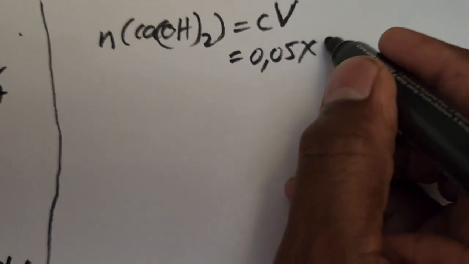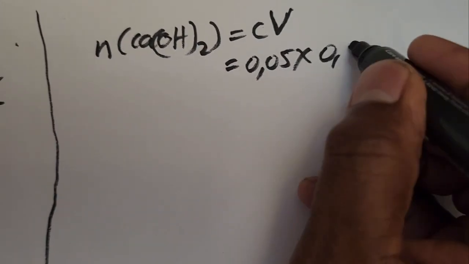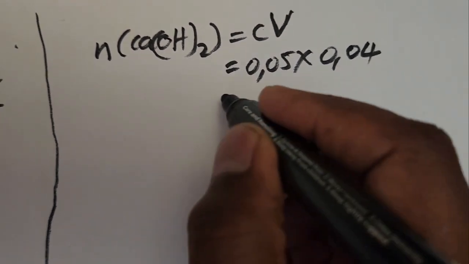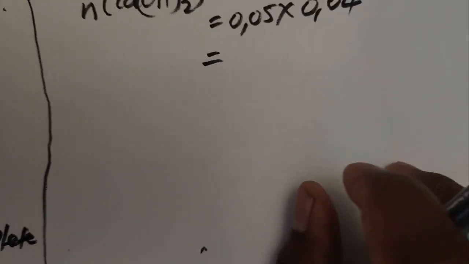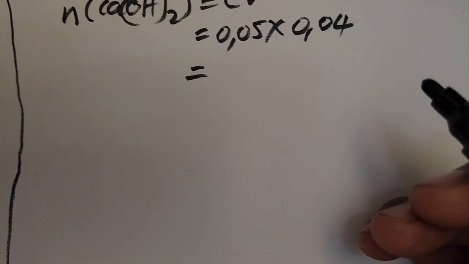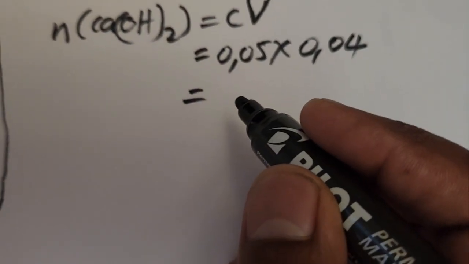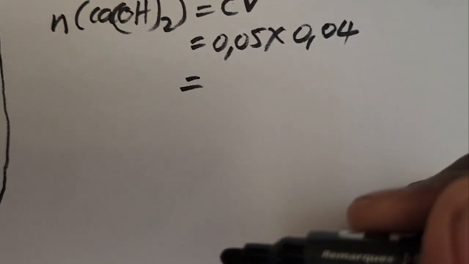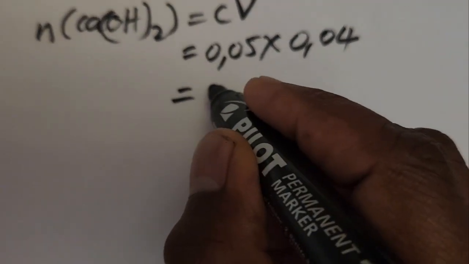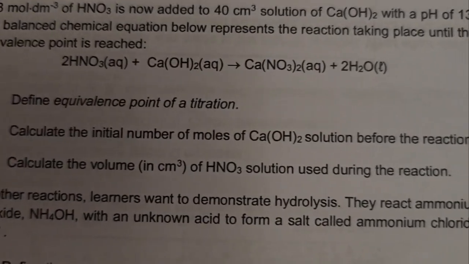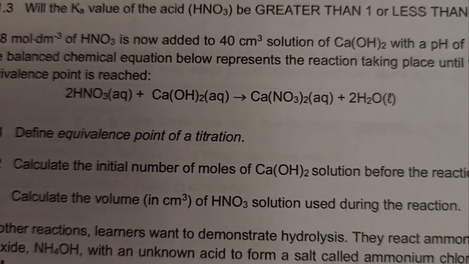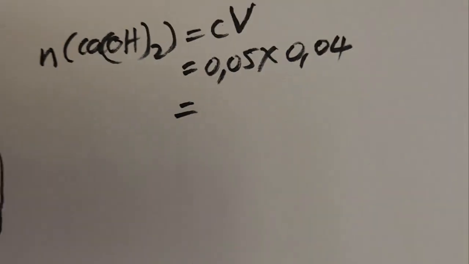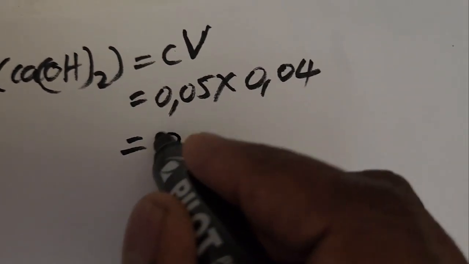The volume is 40 cm cubed, which will be 0.04 dm cubed. Then you multiply the two.